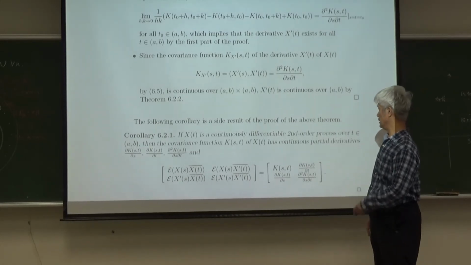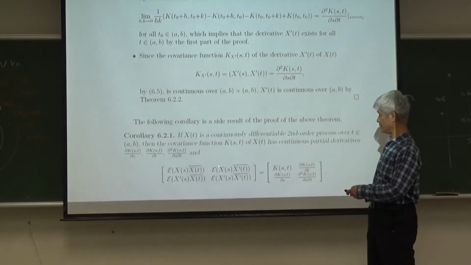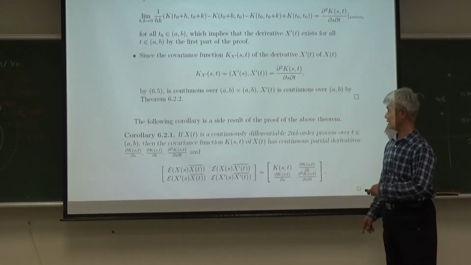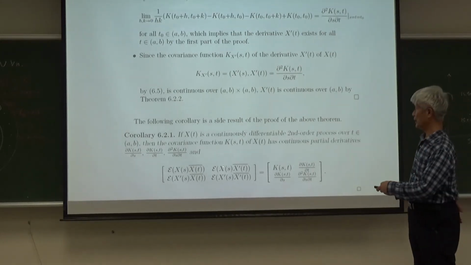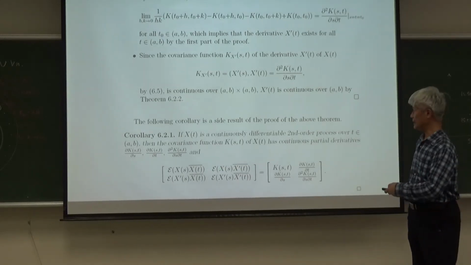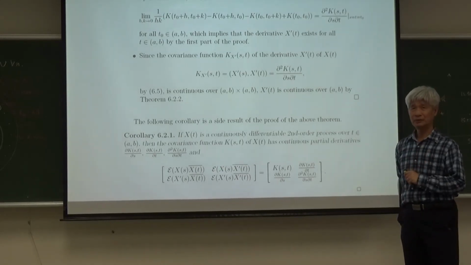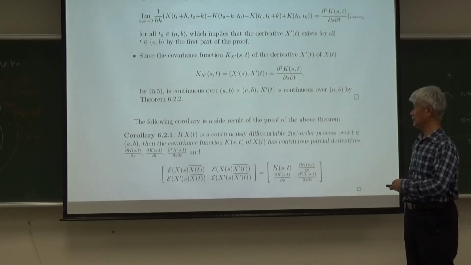Covariance function. And it turns out that this function is the cross covariance function of x and x prime, not covariance, cross covariance, because we are talking about the covariance between x and x prime. What is x prime? x prime is the derivative of x.